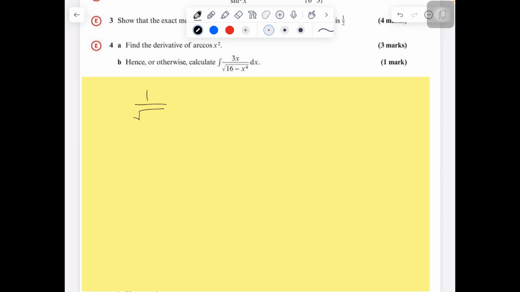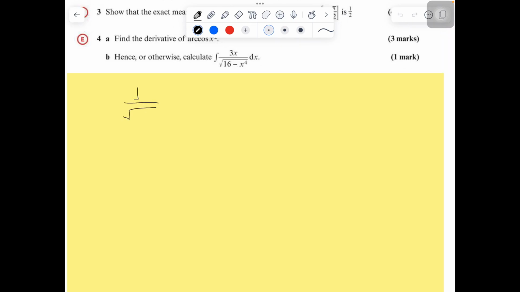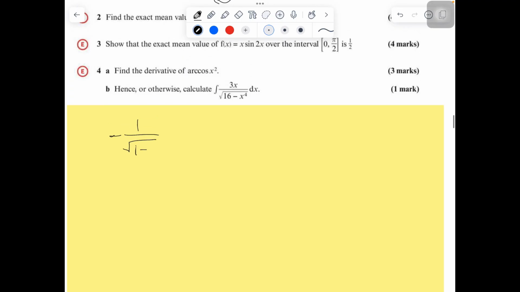So negative 1 over square root of 1 minus x squared squared, which is x to the power of 4, times 2x. So this is negative 2x over square root of 1 minus x to the power of 4. This is the arc cos x squared derivative. Part B, hence or otherwise calculate. Okay.